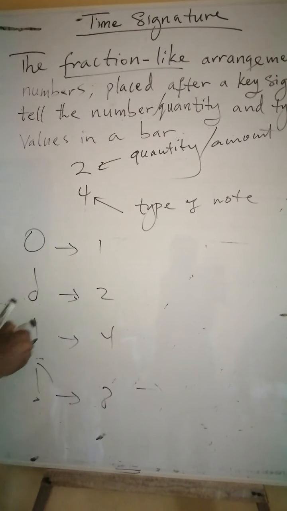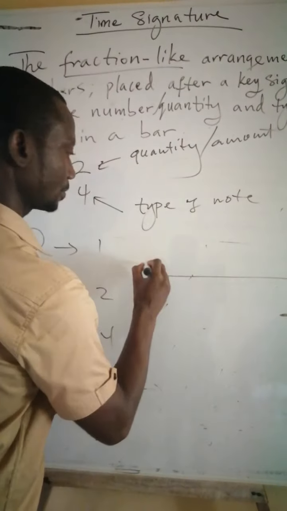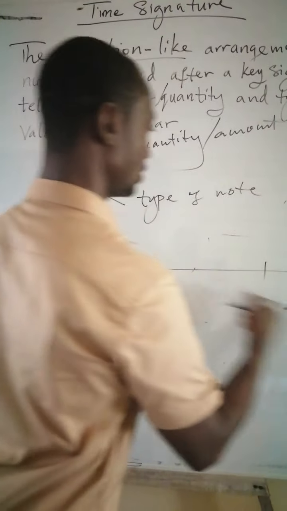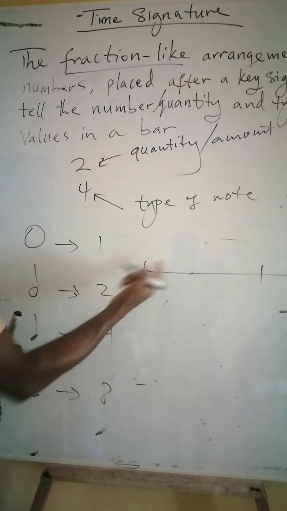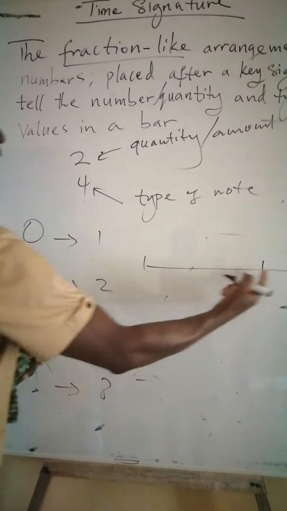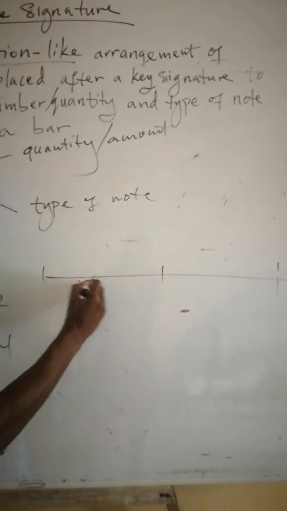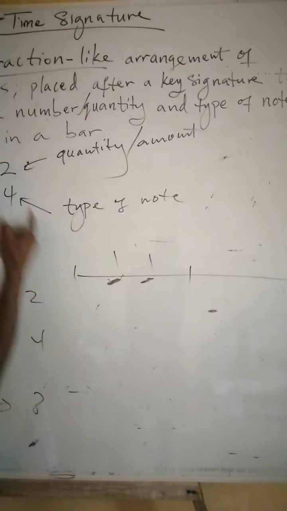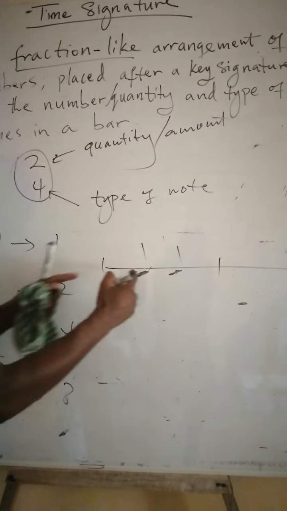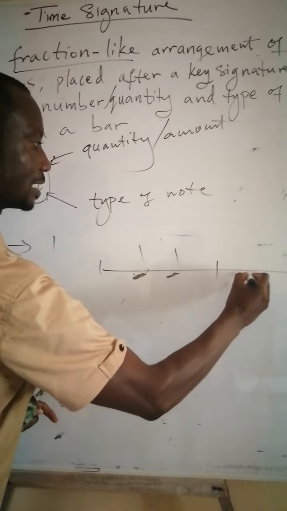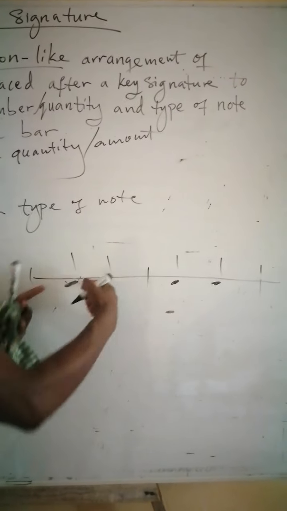I've told you what a bar is. Okay, so let's say that this is a pitch staff. Okay, so we can use this as bars and bar lines. All right, it means that we should see 2. I'm talking about 2, 4. We should see 2 of the crotchet beats in every bar.